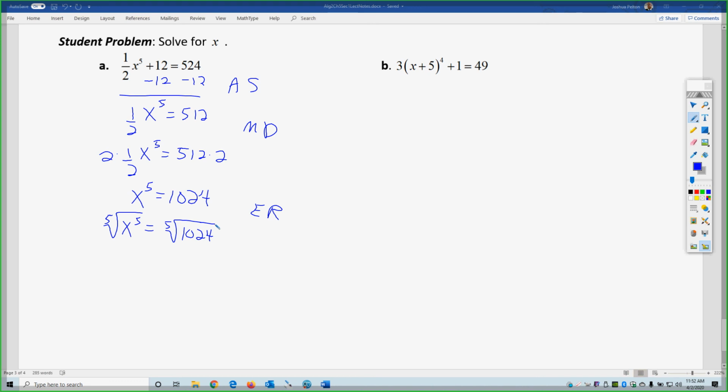So let's see here. X equals, so there's no grouping symbol. Let's just simplify now. 1024. We've actually done this one before, so that's 2 times 512. And let's see. 2 times 2 times 256.